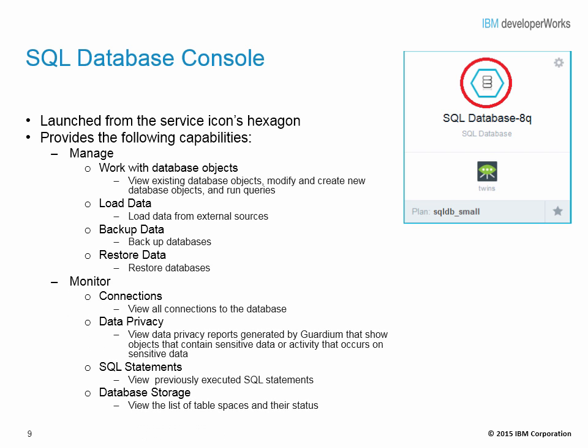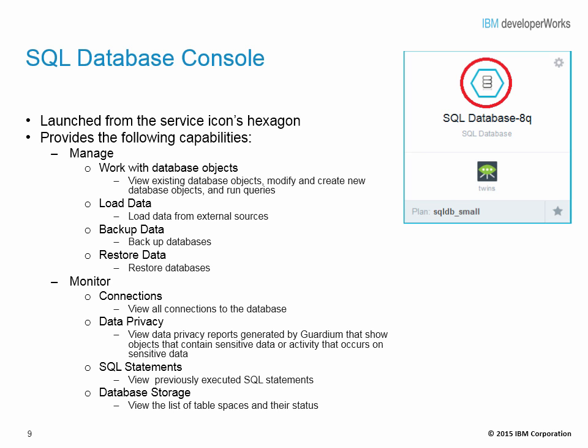The other major category of capabilities is monitoring. So you can look at your database connections, you can look at data privacy reports generated by Guardium, so you can essentially flag sensitive data and have an audit trail of all activity that occurred with that data.